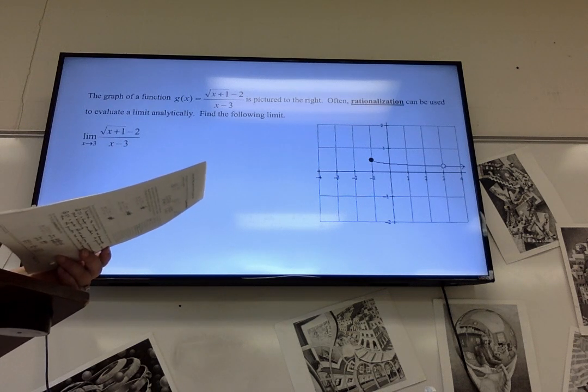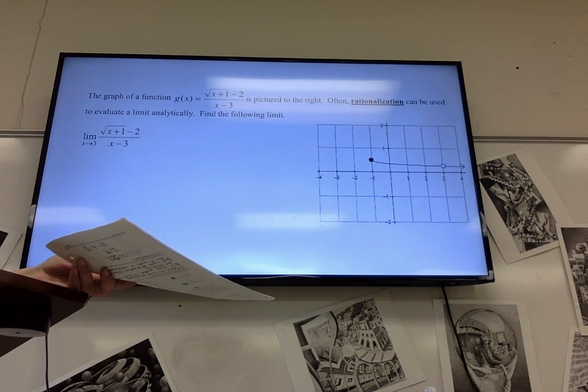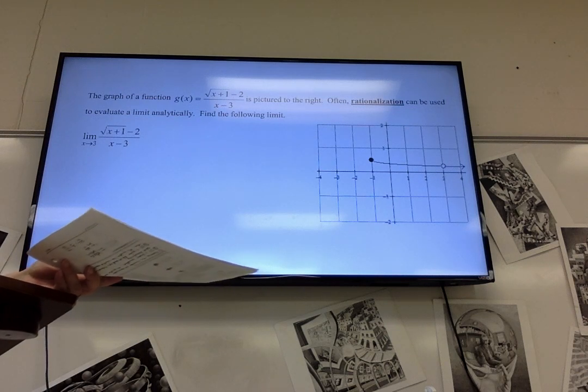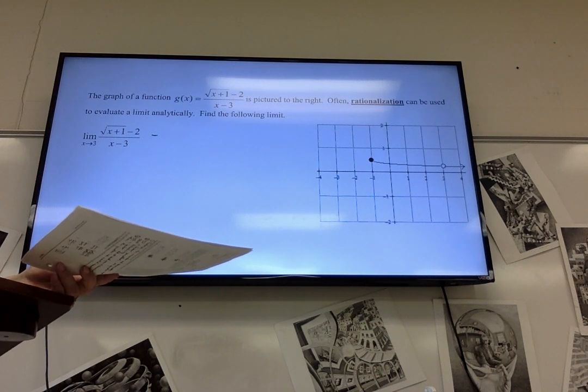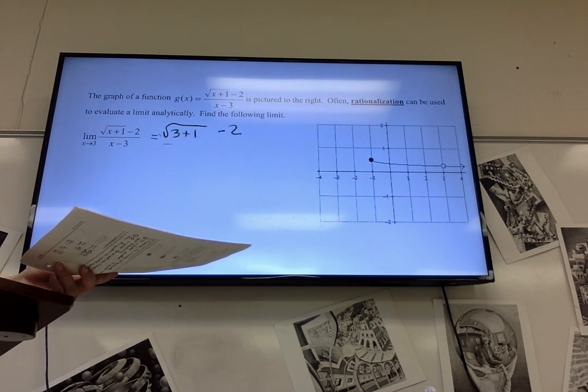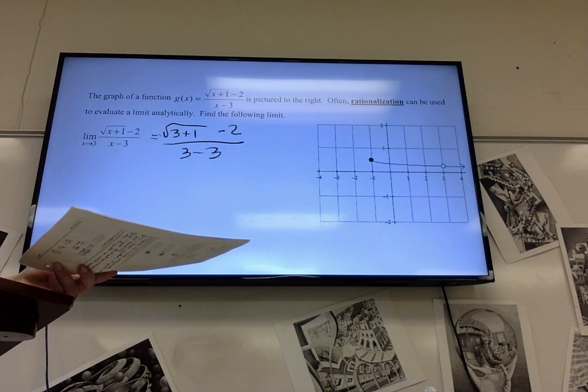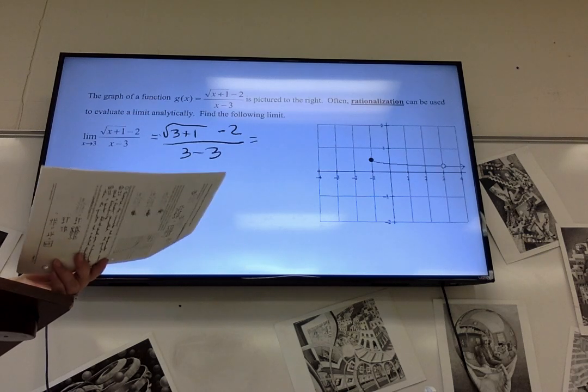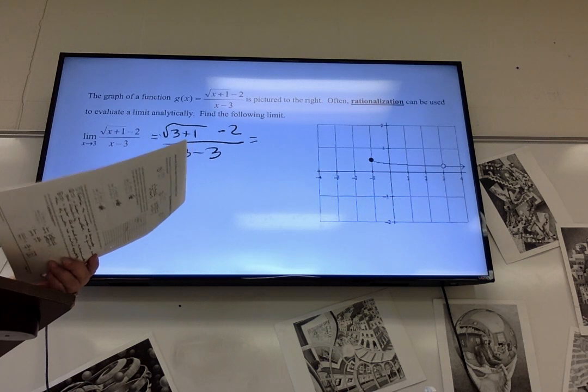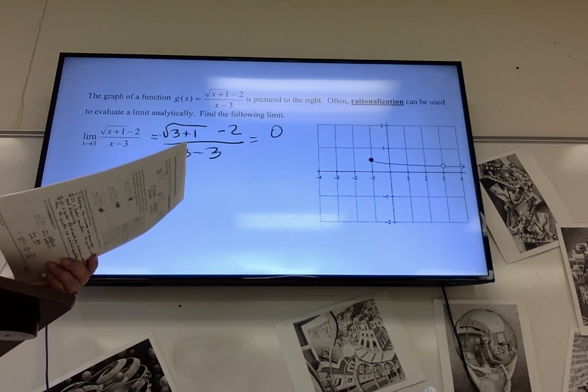But let's do direct substitution, like we've learned how to do, right? We take in that 3 and we plug it in. So I'm just going to plug it in first. Square root of 3 plus 1 minus 2 over 3 minus 3. Uh-oh. What does it give us? 0 over 0, which is called the indeterminate form.